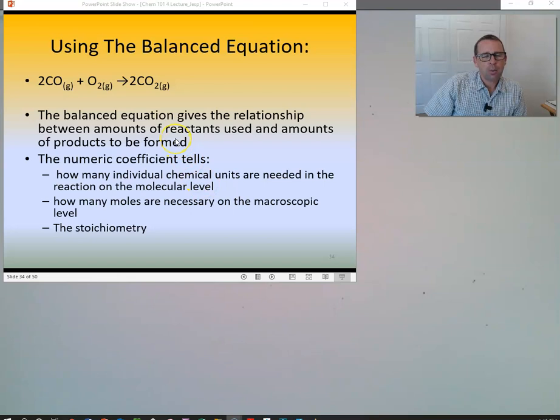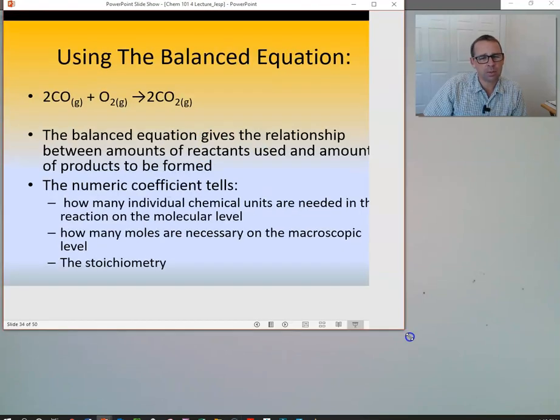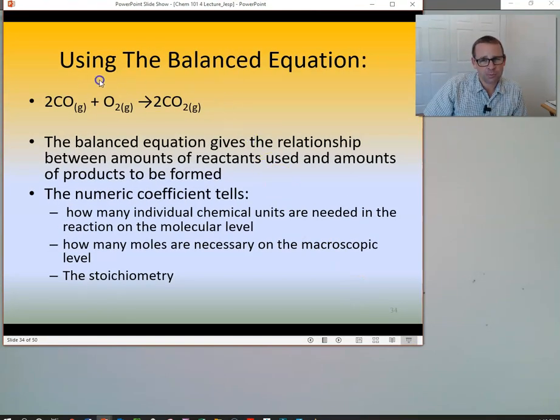Okay? Now, when we have a balanced equation, we know also that we can use the stoichiometry of that balanced equation, and it becomes very useful, right? Because if I know that, for example, this is the chemical reaction that I'm performing, I know that the amount of carbon monoxide here, CO, that I interact with oxygen in this reaction will produce a specific amount of carbon dioxide.